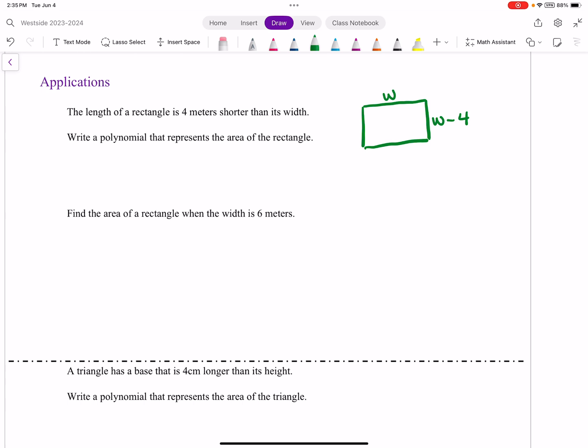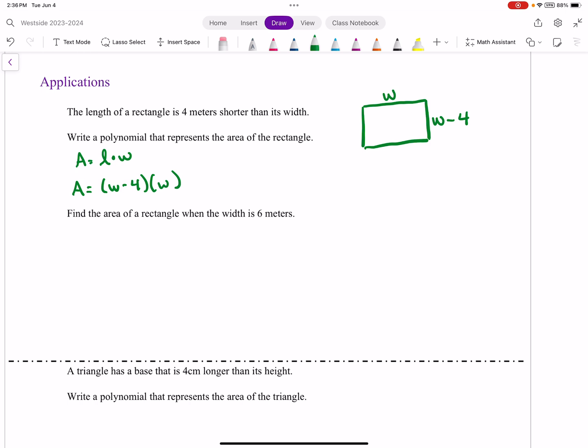So we're going to write a polynomial that represents the area of the rectangle. In order to find the area of a rectangle, we're going to take our length times our width. Well, in this problem, our length is w minus 4 and our width is just w. So we want to take w minus 4 times w.